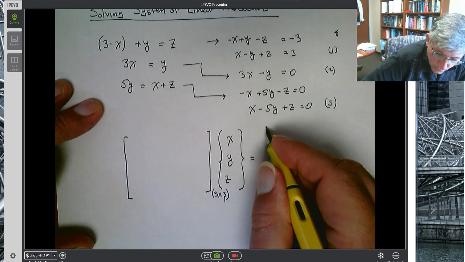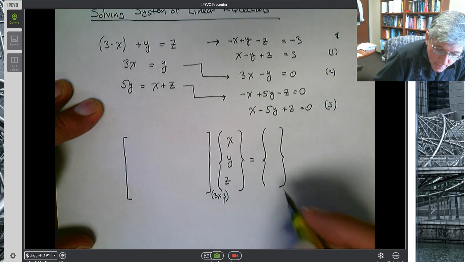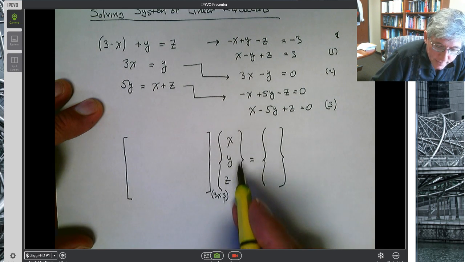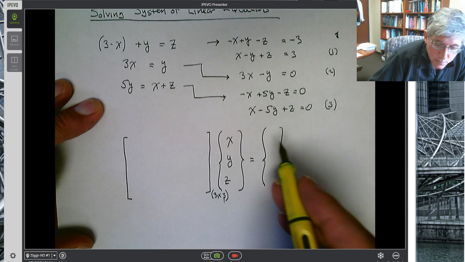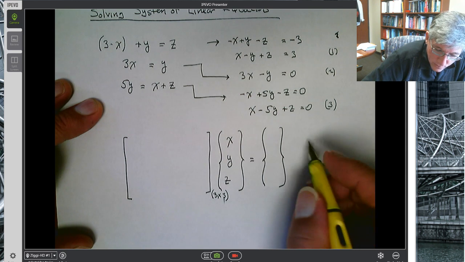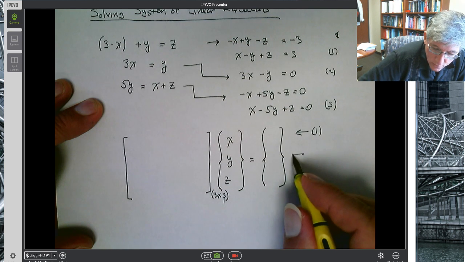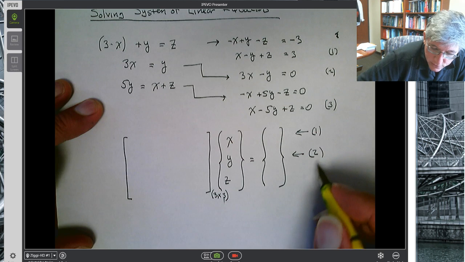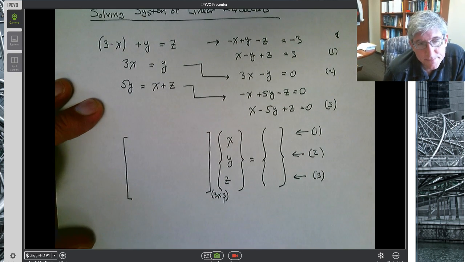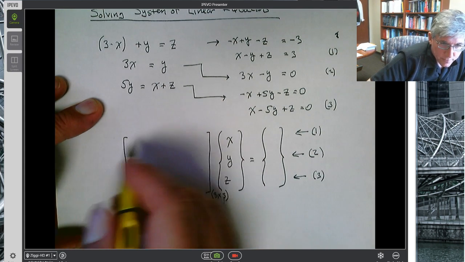And that's going to equal the right-hand side. All right? Now, the first row multiplied by the unknowns equal to the right-hand side is the first equation, right? So the first row is going to be equation 1. The second row is going to represent equation 2. And the last row is going to represent equation 3.